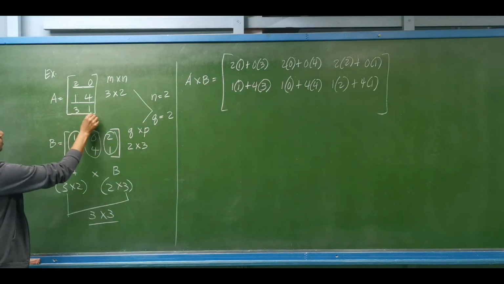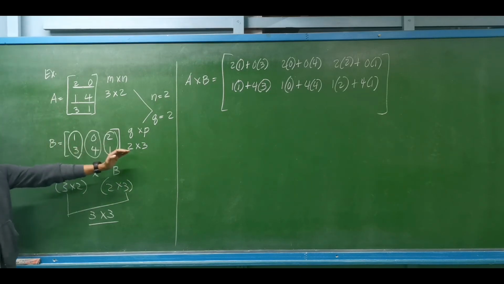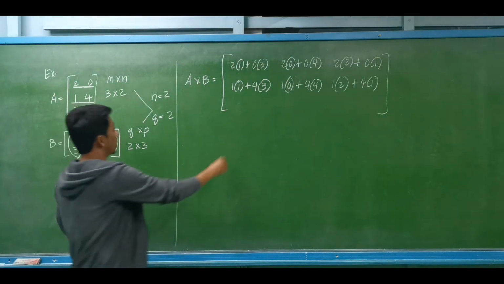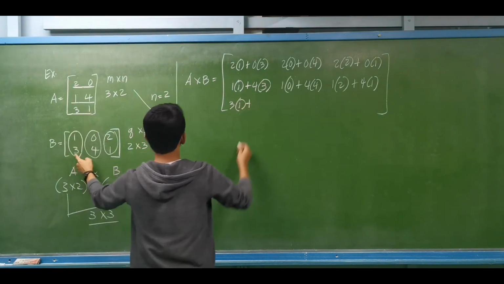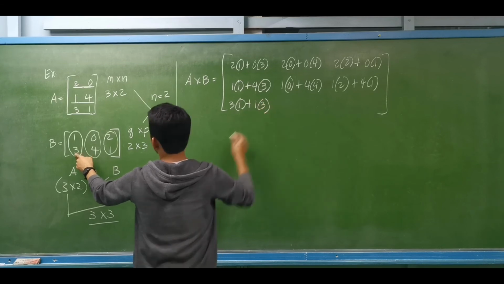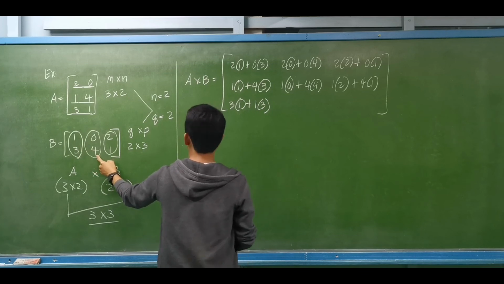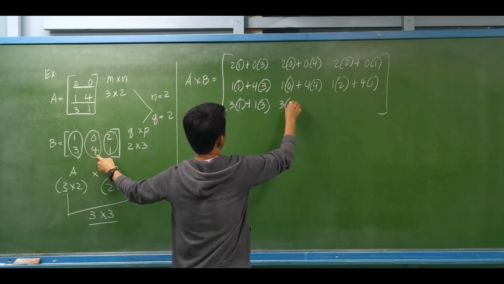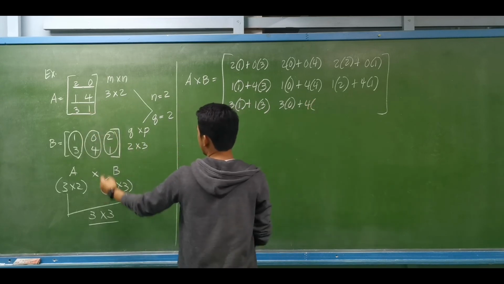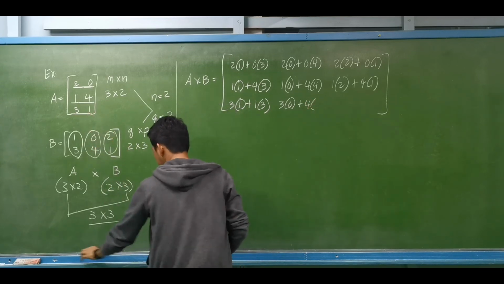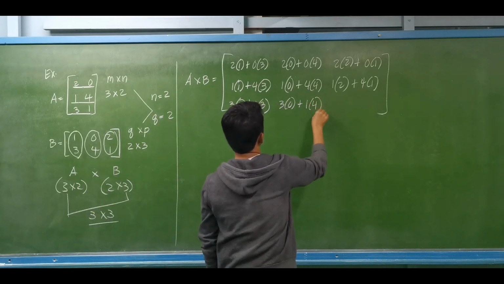Now we proceed to the last row of matrix A, to the columns of matrix B. So we have 3 multiplied by 1 plus 1 multiplied by 3. Then we have the third row of matrix A, second column of matrix B. That is 3 times 0 plus 4 multiplied by 1, this is 1 multiplied by 4.